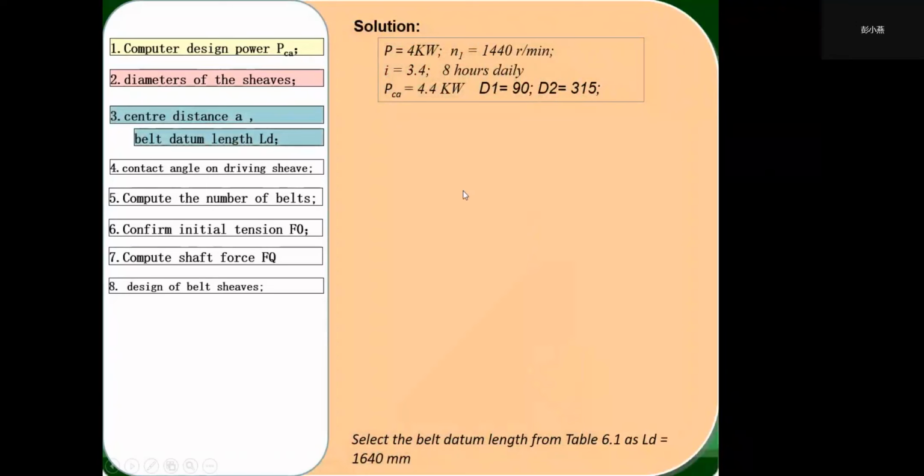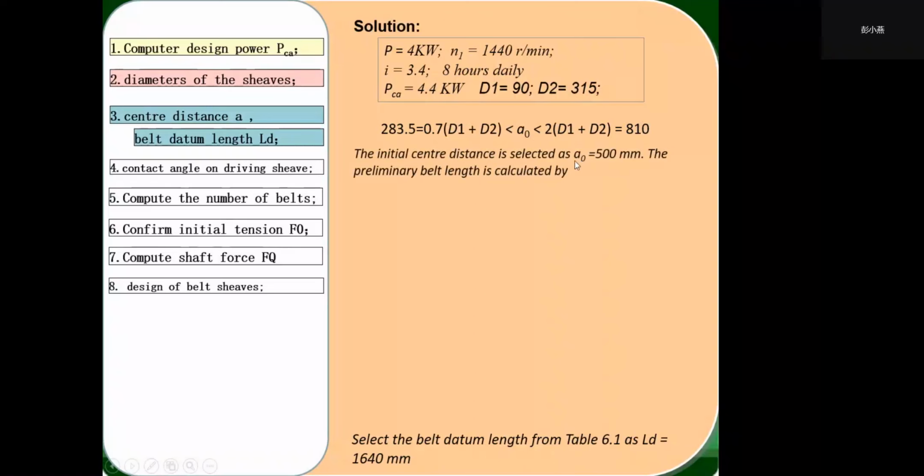Okay, and then we should calculate the center distance A0, and A0 should be within this range: larger than 0.7 times (D1 plus D2) and less than 2 times (D1 plus D2). D1 is 90 and D2 is 315, so A0 should be larger than 283.5 and less than 810.